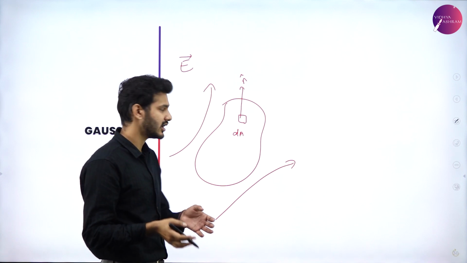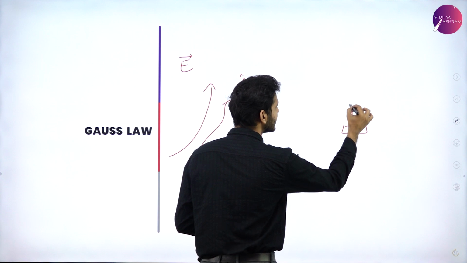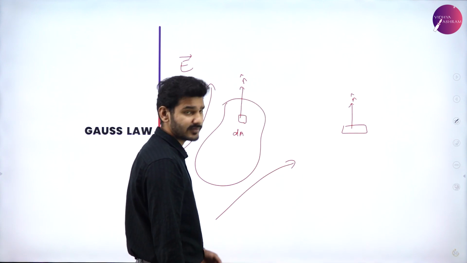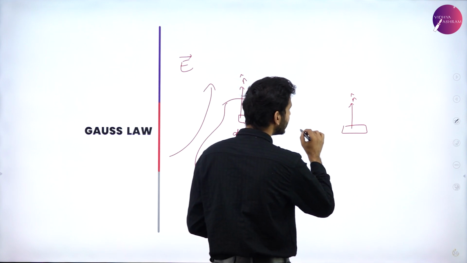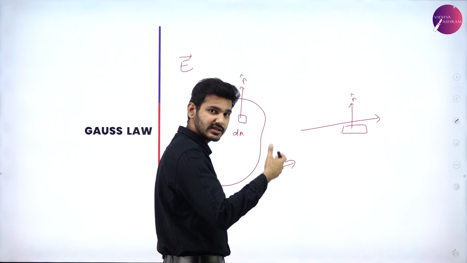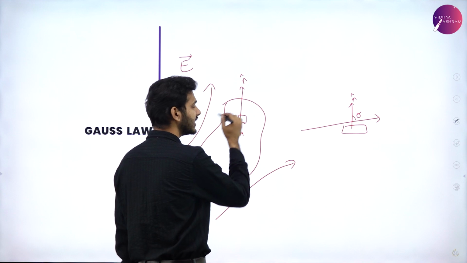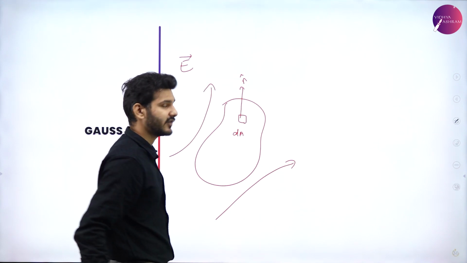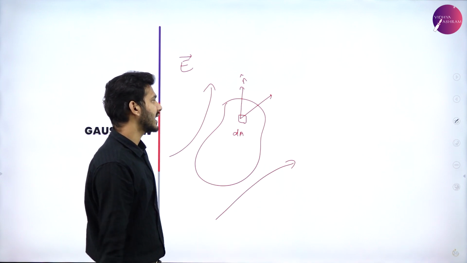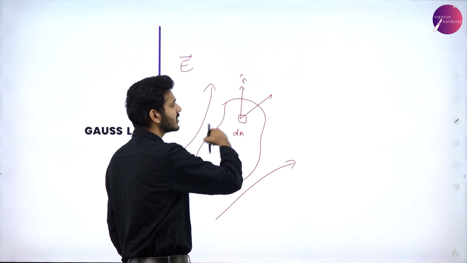So for that particular region, if we zoom in, it will be like this, and here there will be a normal vector. The angle between the electric field and the normal vector determines the equation. That is why this angle is important, and that is why we take the normal vector. This will be the electric field coming out, making an angle with the normal.